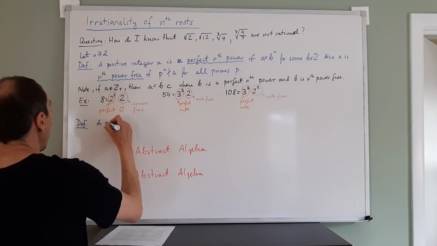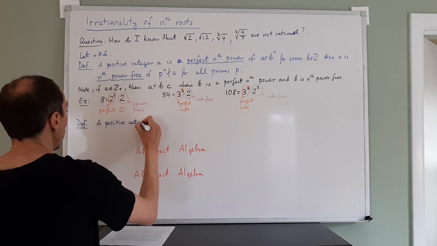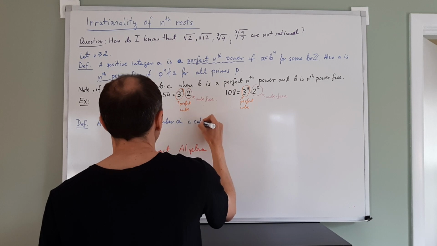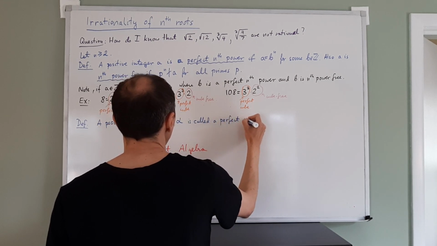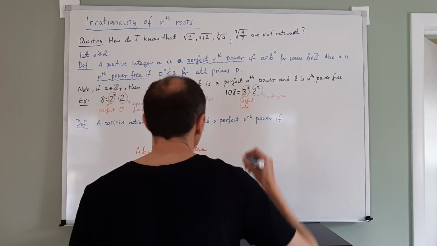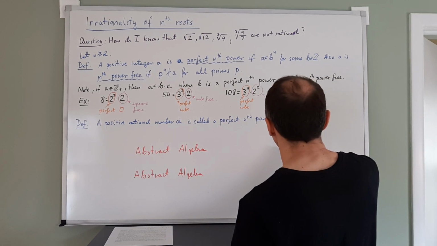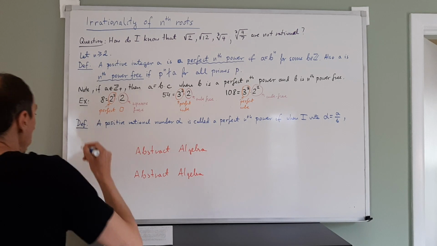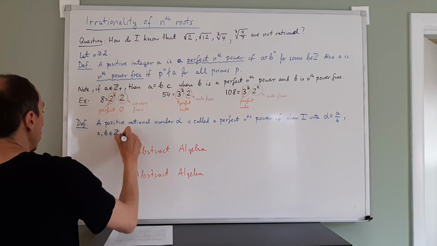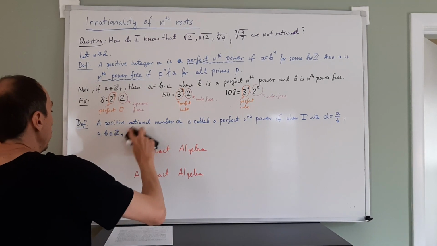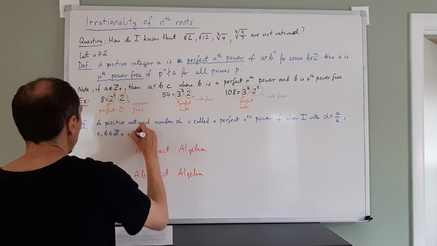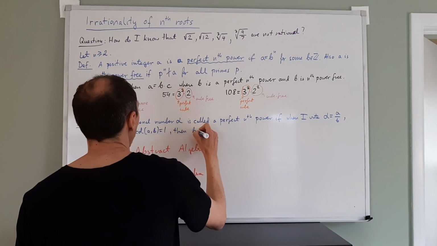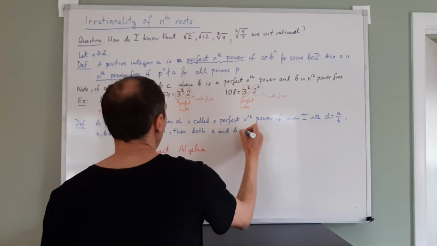a positive rational number alpha is called a perfect nth power if, when I write alpha as a over b, with a and b being positive integers, b not zero, and the GCD of a and b being 1, then both a and b are perfect nth powers.